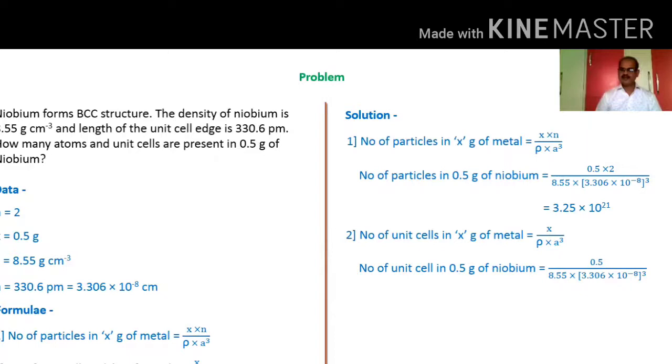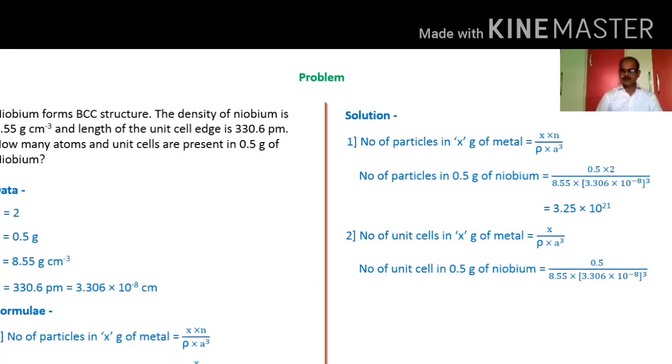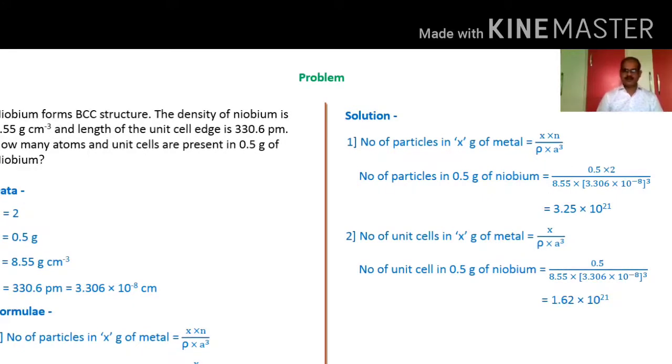The number of unit cells in x grams of a metal is x upon rho into a cube. So the number of unit cells in 0.5 grams of niobium: I will substitute these values. The value of x is 0.5, the value of rho is 8.55, and a cube will be 3.306 into 10 raised to minus 8, cubed. After doing the calculation, you get the answer 1.62 into 10 raised to 21.